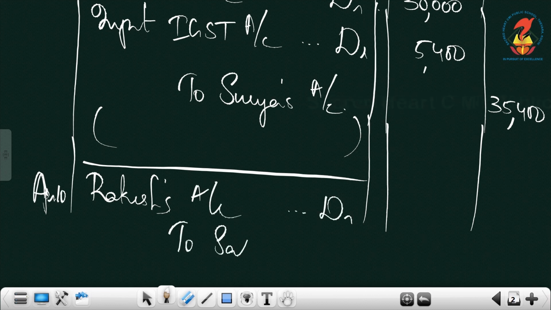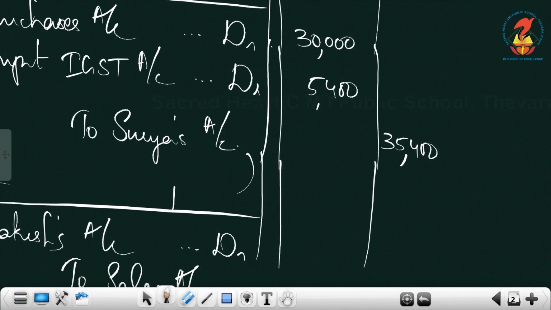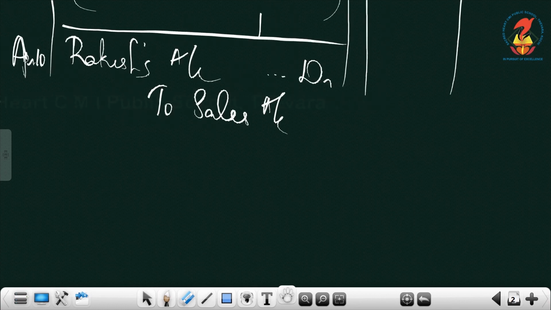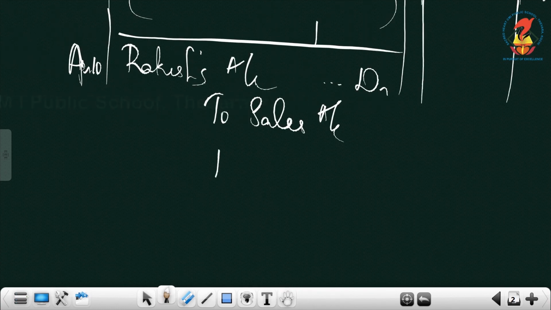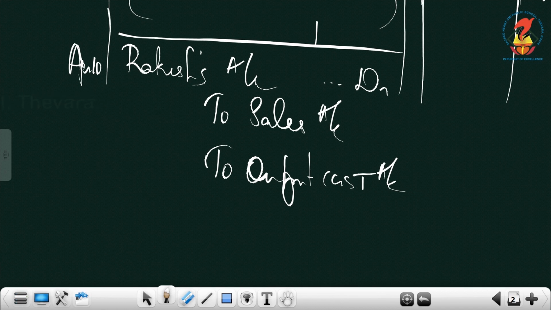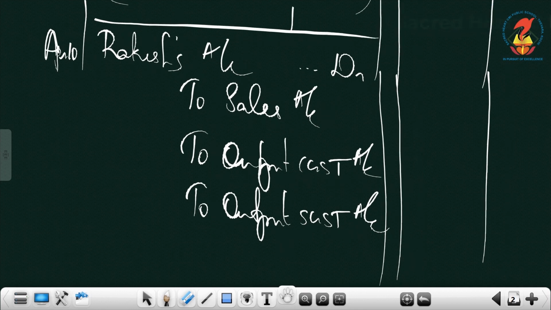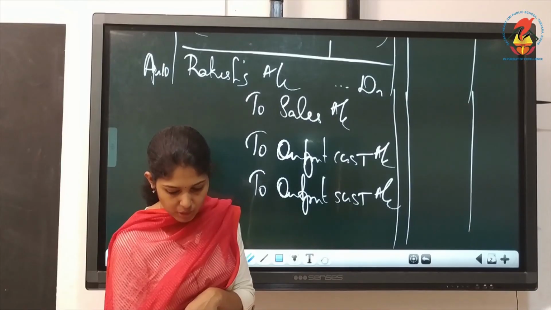debtor to sales account. You have to charge CGST and SGST. So, to output CGST account, to output SGST account. Now the amounts are sold goods of 25,000.